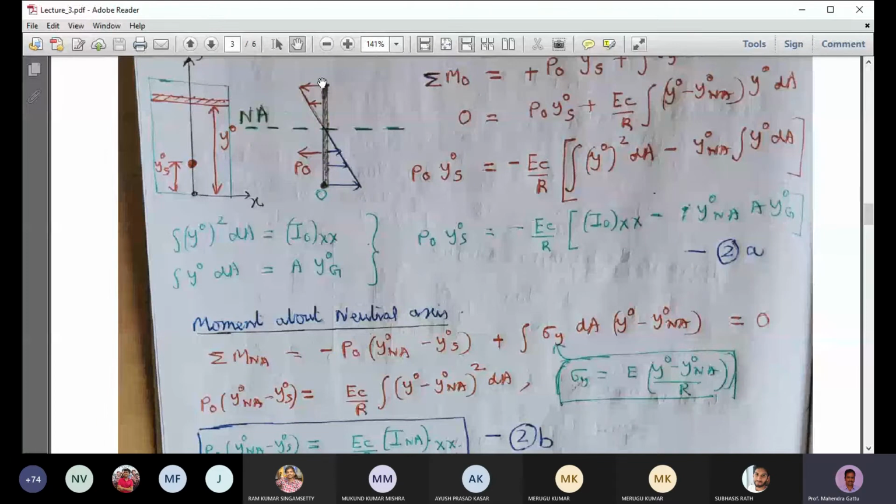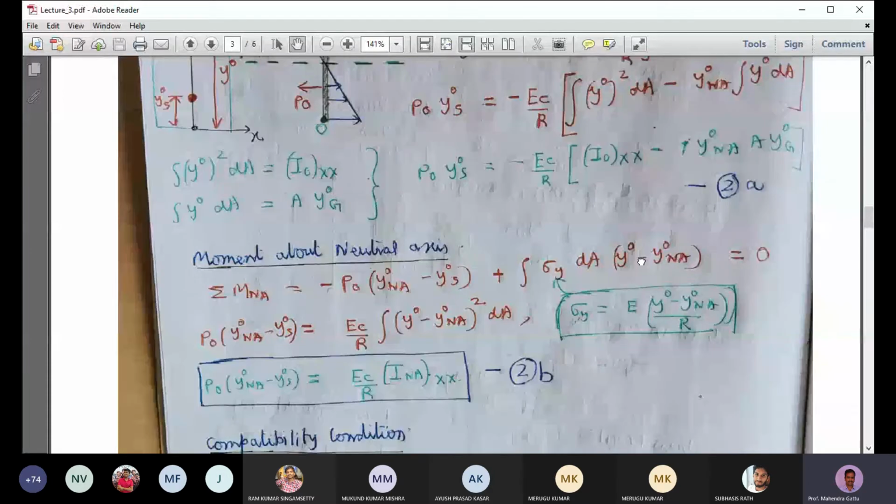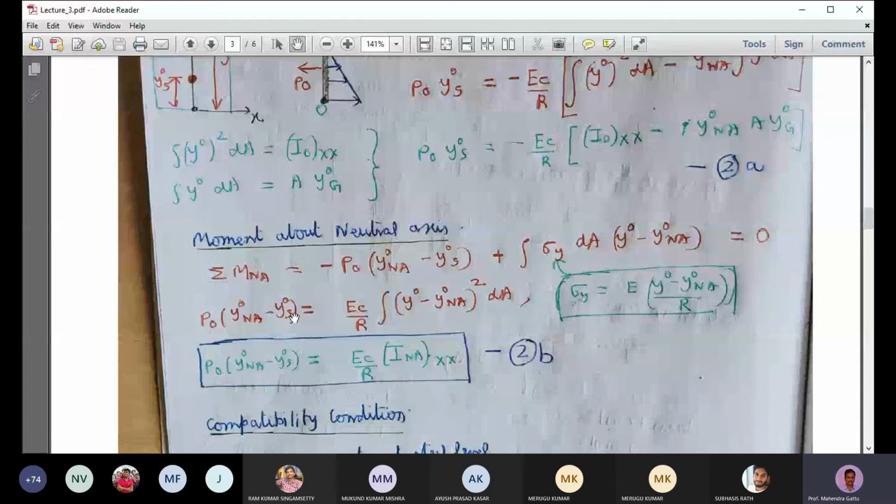And then the stress will again produce an anti-clockwise moment, so it will be plus sigma y dA times (y naught minus y neutral axis). We send this term to the left-hand side, and we get P into (y naught neutral axis minus ys) is equal to EC by R, and instead of sigma y, we substitute this expression, (y naught minus y naught Na) by R. This is the stress value at a distance y above the neutral axis. So we get EC by R integral (y naught minus yna) square dA.